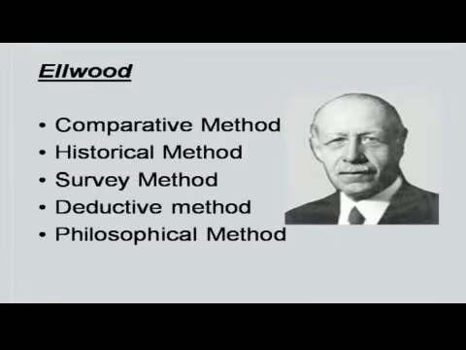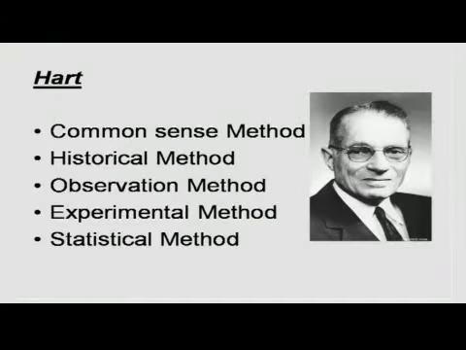He says that comparative method is an important method in sociology and it also adopts historical method, survey method, deductive method and philosophical method. According to Hart, there are again 5 more methods. They are common sense method, historical method, observation method, experimental method and statistical method.